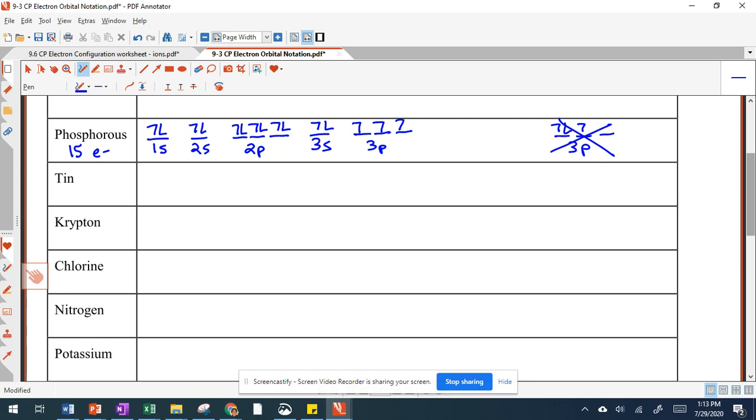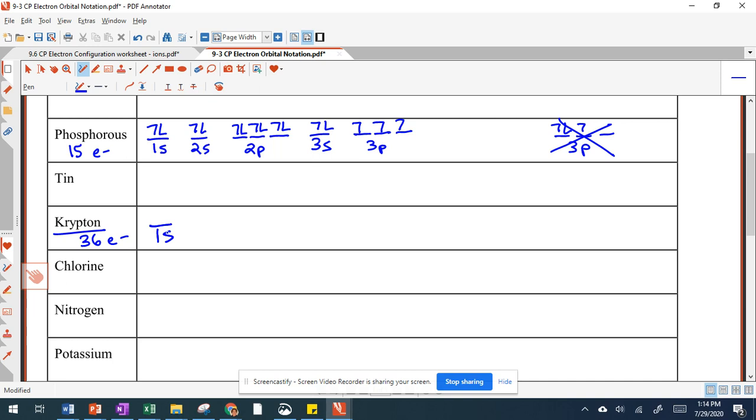Let's do krypton. So krypton is in the 4th period. So it has 36 electrons.